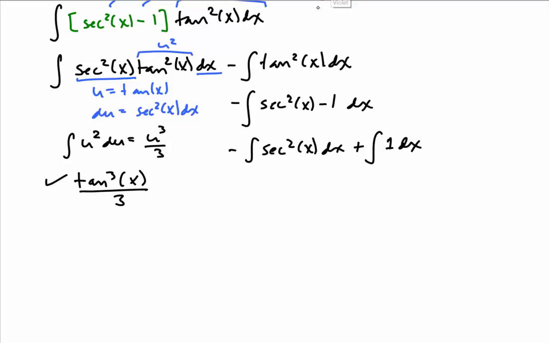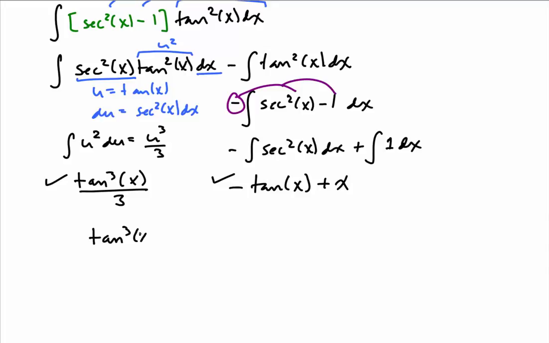When I talk about this negative, it distributes here and here, so that's why this became a positive. Now the antiderivative of secant squared is tangent, and the integral of 1 dx is just x. So here's my other piece to this. So it looks like to me I have tangent cubed of x over 3 minus tangent of x plus x.